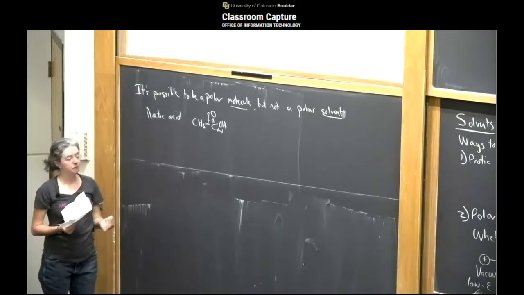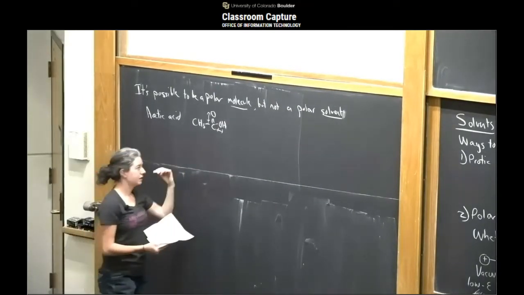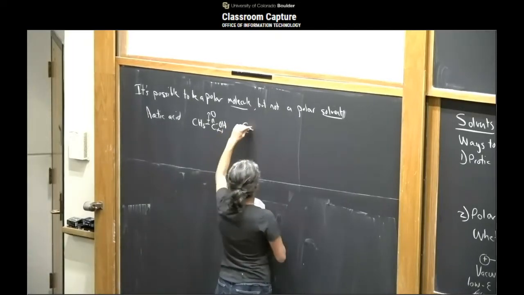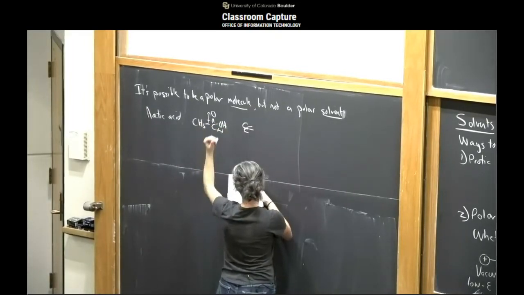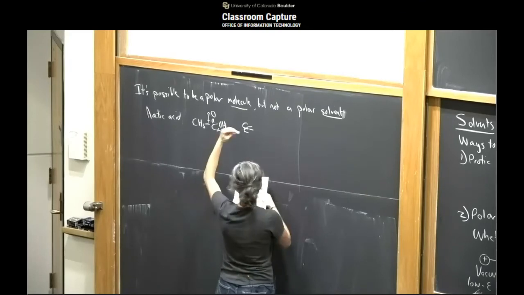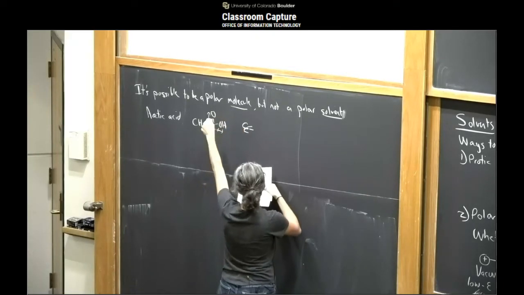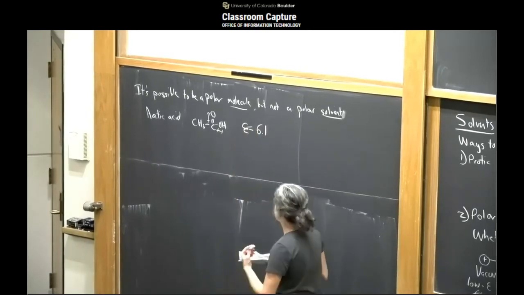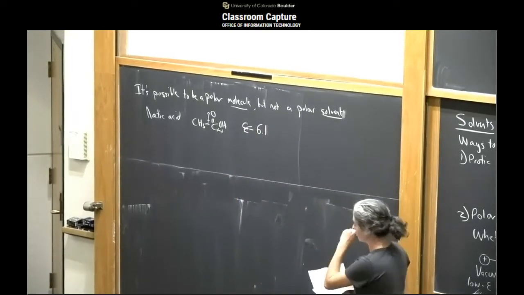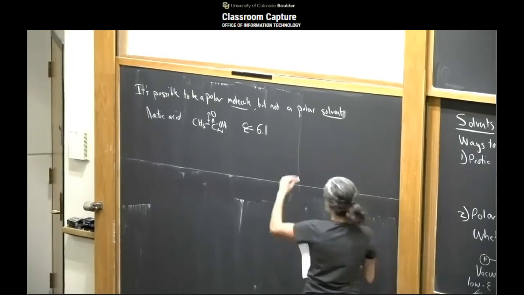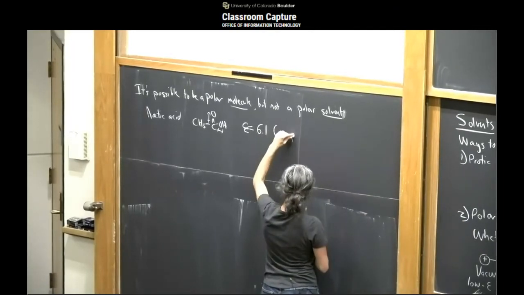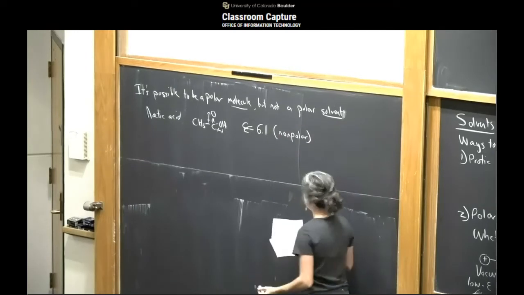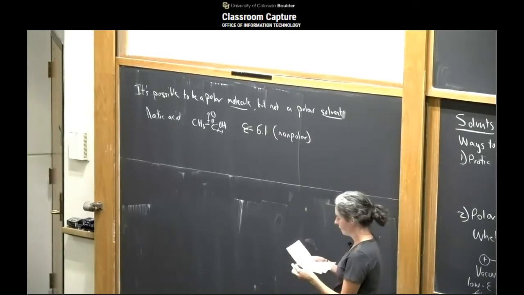We'd expect that to be a polar molecule, but it turns out the dielectric constant for this in the bulk, you pretty much just have to measure experimentally. There's no good way to predict it from structure unless you're doing a bunch of fancy computational chemistry. But its dielectric constant is actually really low. It's a nonpolar solvent.